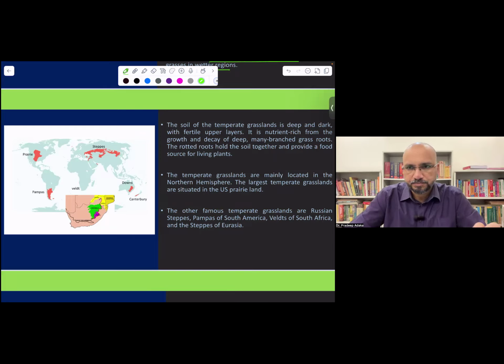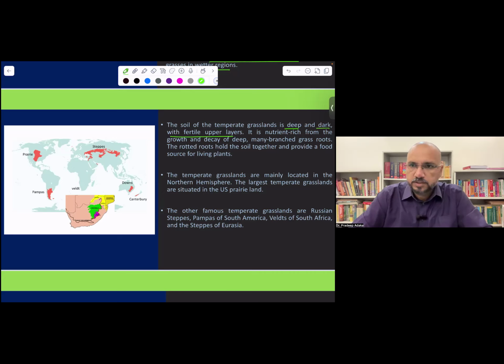So temperatures are low, and organic matter decomposition happens at a very slow rate. So organic matter accumulates, and here organic matter content is higher. Soils are deep and dark with fertile upper layers.